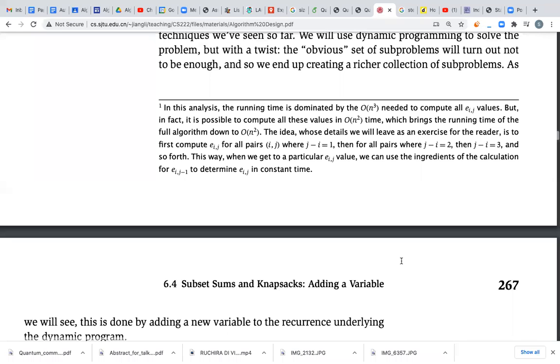Okay, I think what they are doing, if I understand it somewhat clearly, is filling up the matrix in a different way. They are filling up the matrix by first filling up all the ij such that i minus j equals 1, so basically the diagonal or just next to the diagonal.